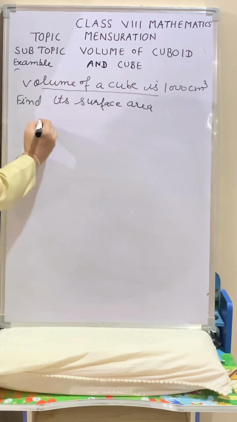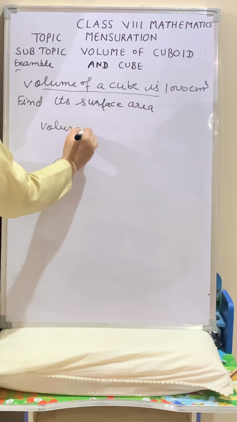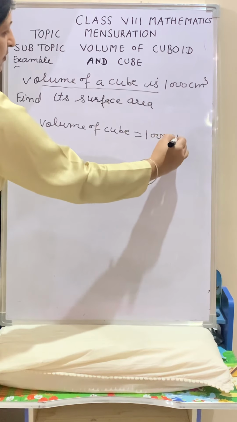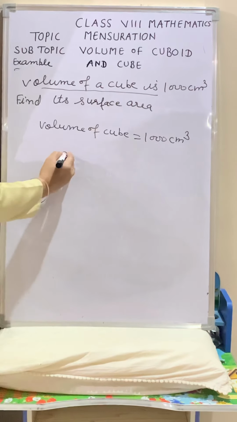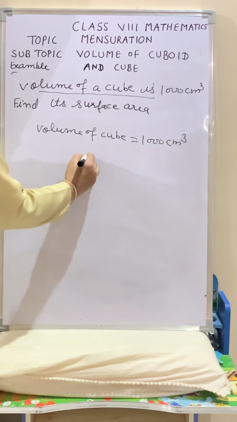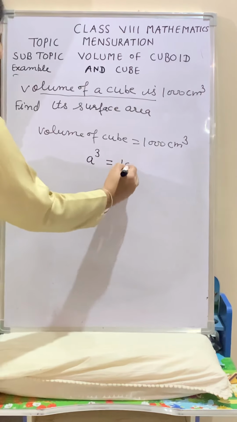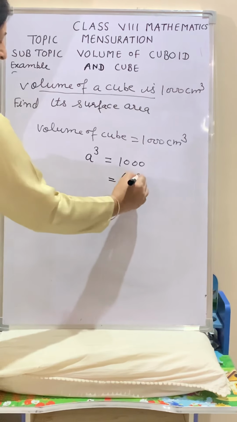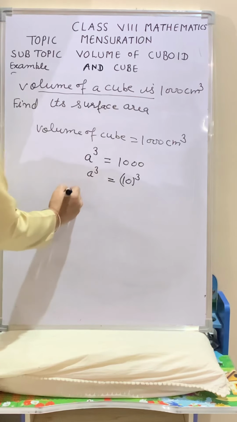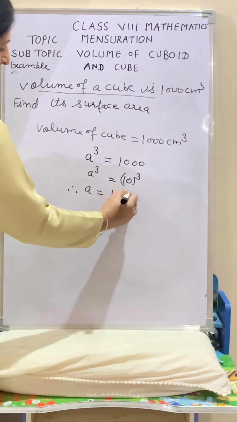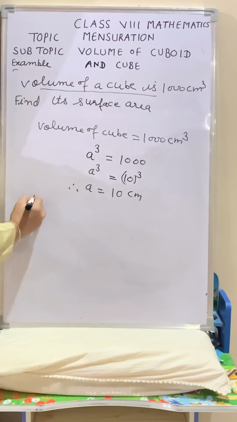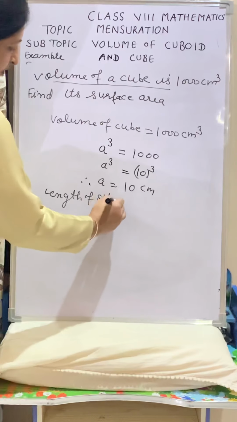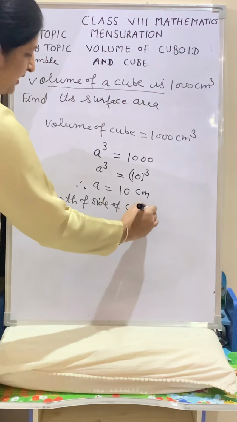Volume of cube is 1000 centimeter cube. What is the volume of a cube? Side cube, meaning a cube, is 1000. It is 10 raised to power 3. Therefore, A is 10. What is A? Length of side of cube. Length of side of cube is 10 centimeter.